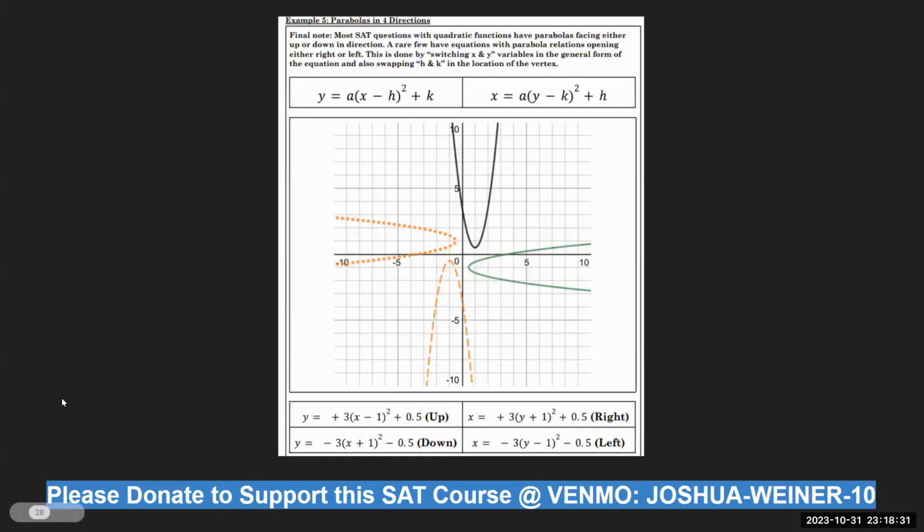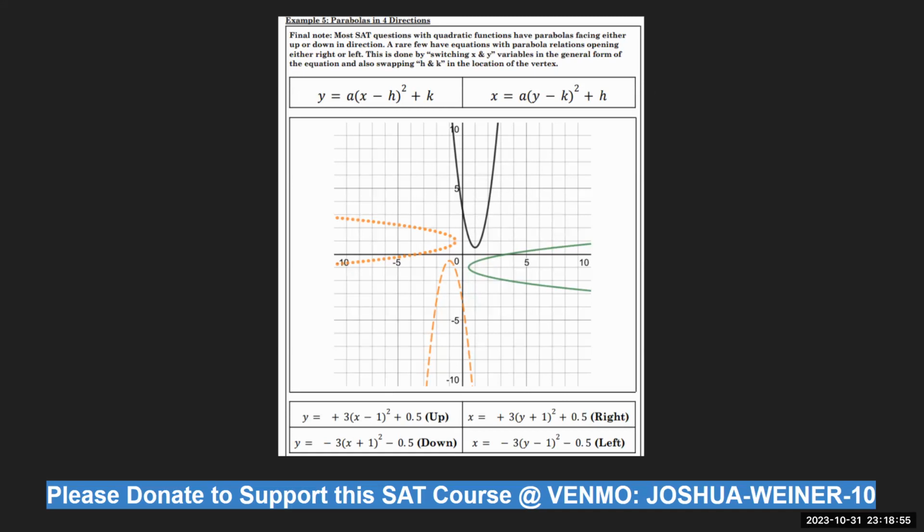The last thing on the SAT to note is that if you switch variables, you can actually draw or create graphs of parabolas that go to the left or the right of the coordinate plane. So then you can orient parabolas in the 4 directions of space on the graphing paper. So just be familiar with this, and I'll leave this slide up on the screen.